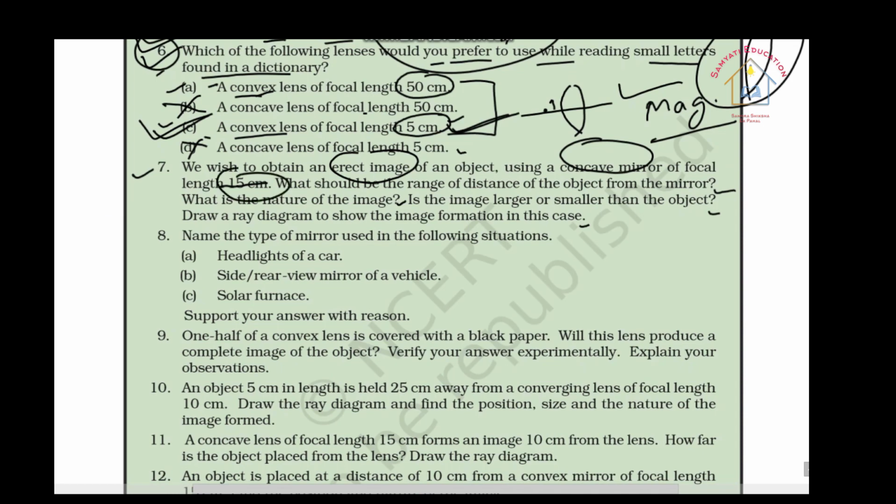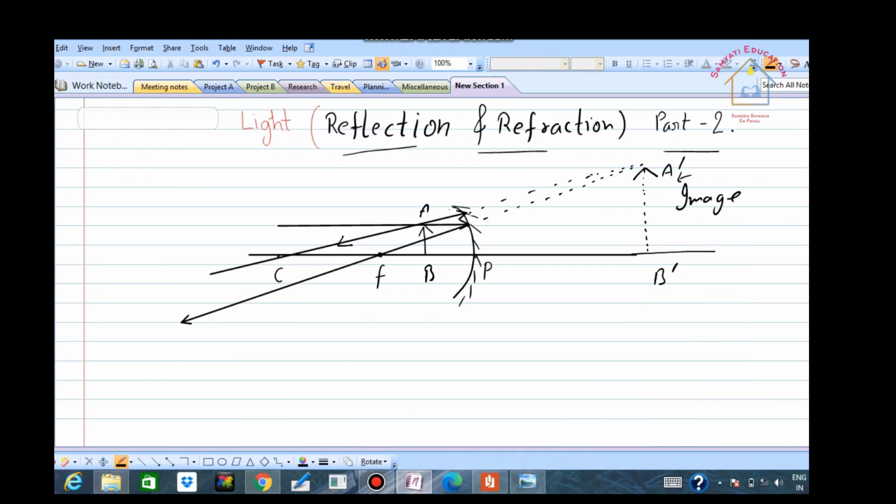What should be the range of distance? If we have focal length 15 centimeter, then the range of the object will be 15 centimeter from the pole.